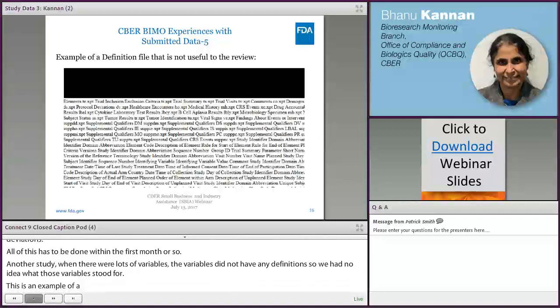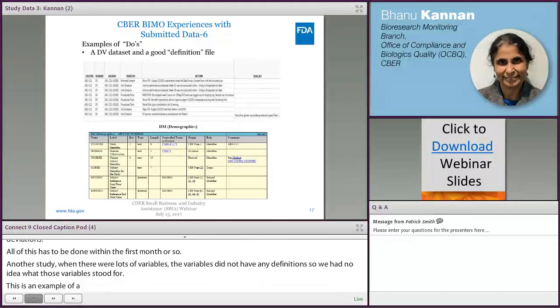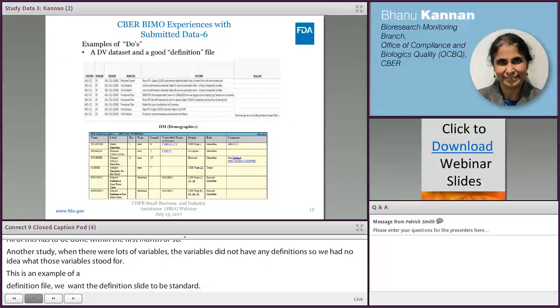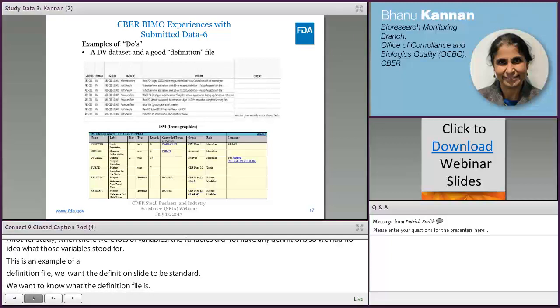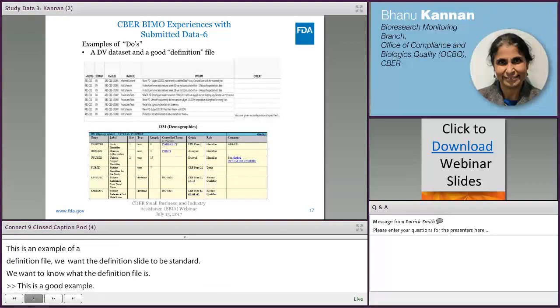We want to know what is in the definition file. And this is one of the good examples. Namely, here the DV data set has all the information, the definitions, and it's easier for us to select the sites in this particular study.